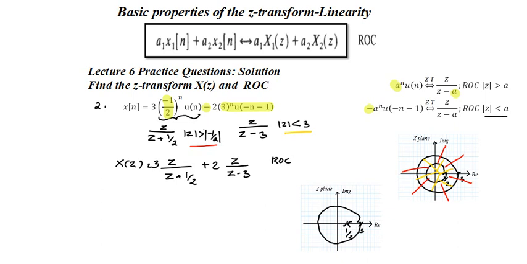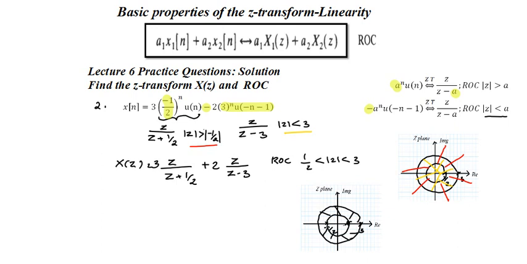Actually one pole is at minus 1 by 2, not at 1 by 2. The ROC I can construct between these two points. So this is the ROC. ROC I can write between the value 1 by 2 less than modulus of Z less than 3. So this is the ROC.